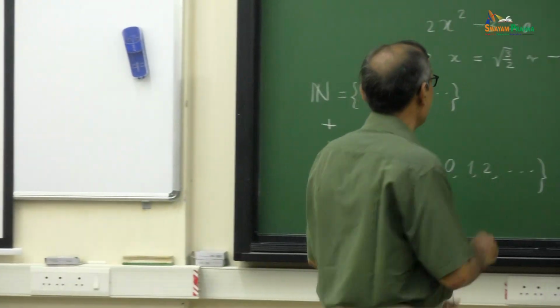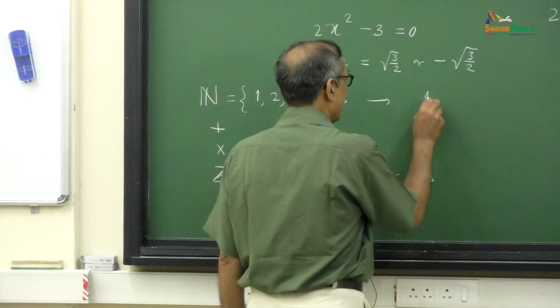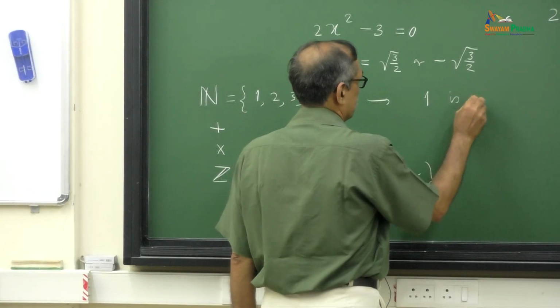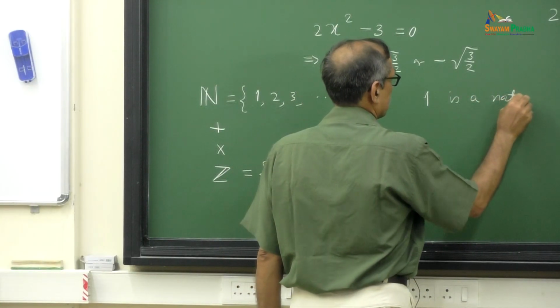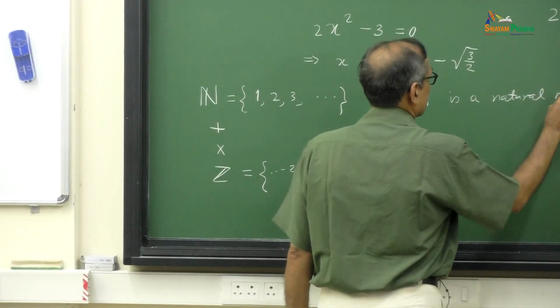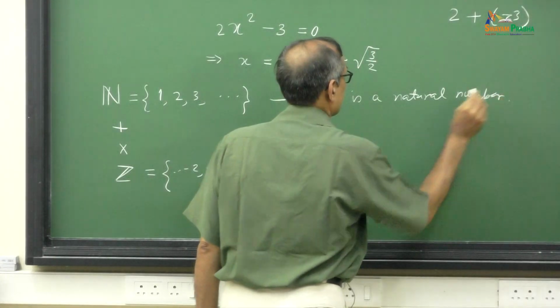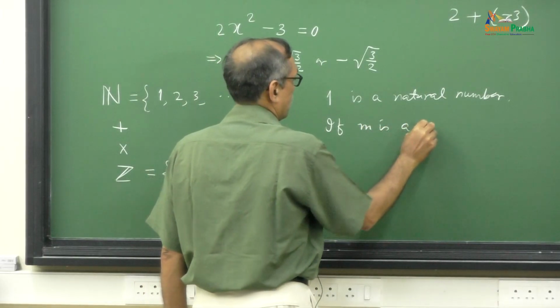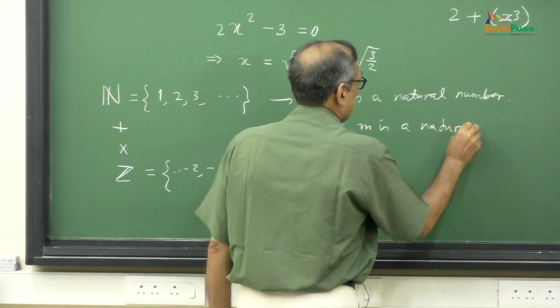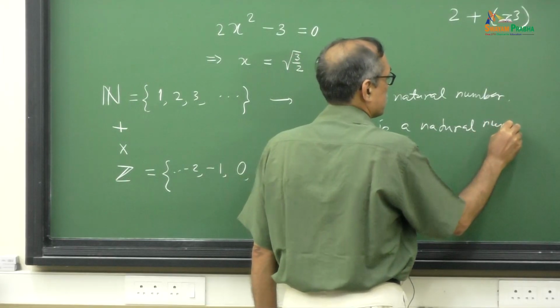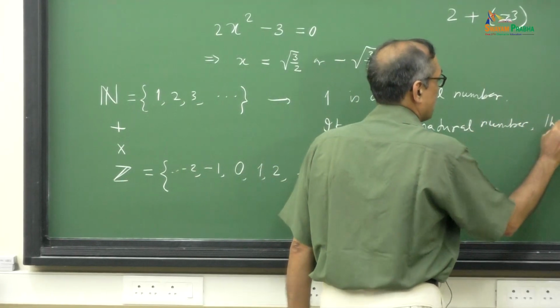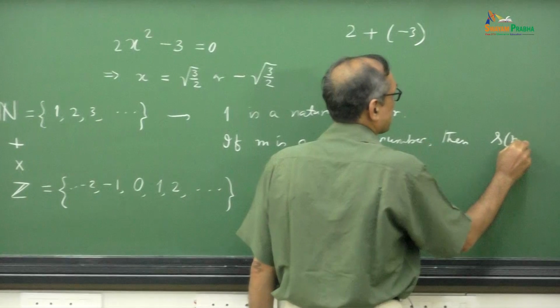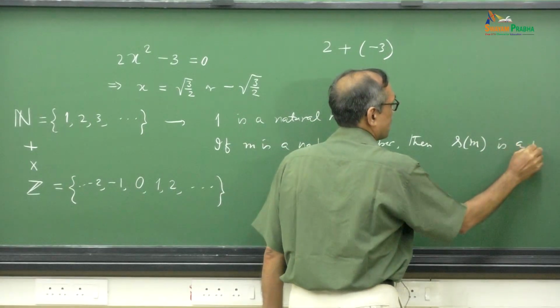So, we can define natural numbers now. We will say 1 is a natural number. Then we will say if m is a natural number, then next to m is a natural number.